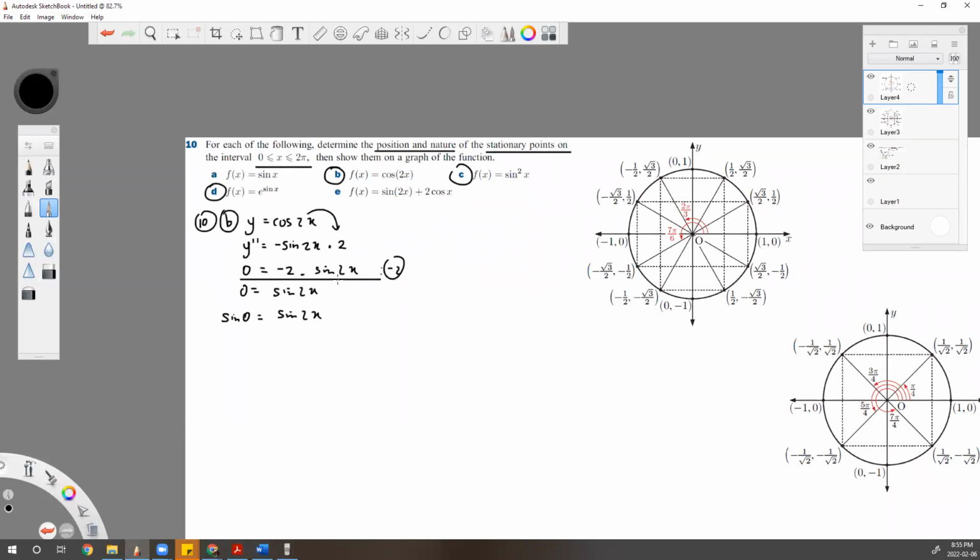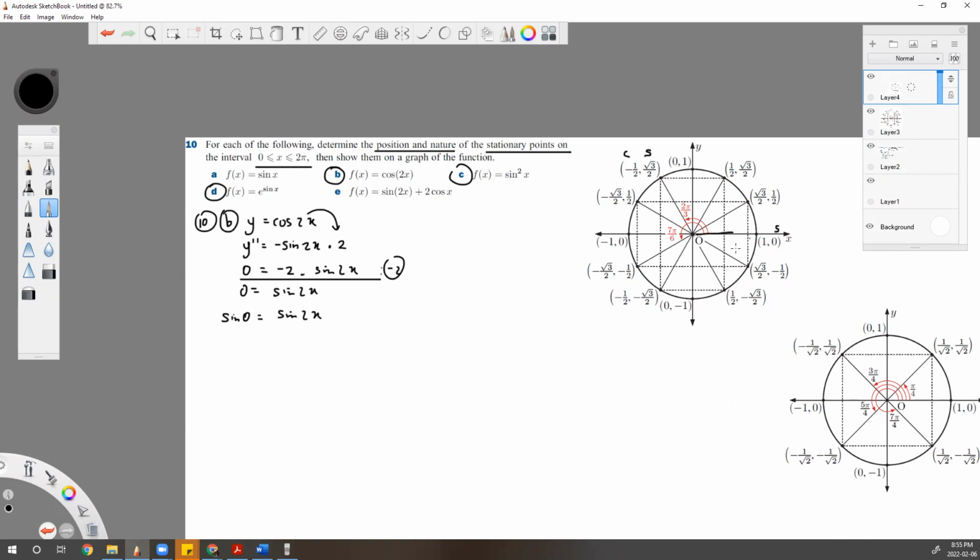Sine 0 equals sine 2x. So x can be, if sine is 0, remember this is cos, this is sine. Sine 0 is 0, right?